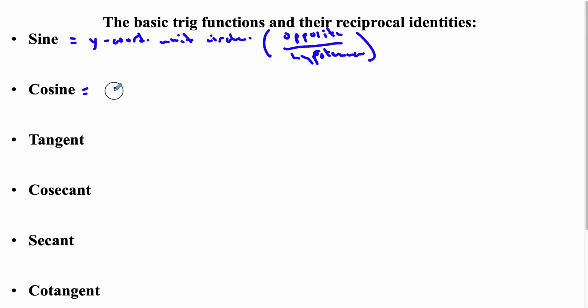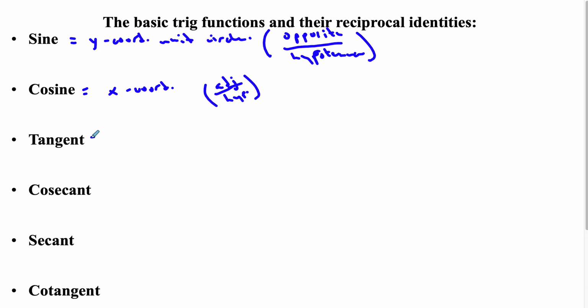Cosine is the x-coordinate, and that's also in a unit circle, and it is the adjacent side over the hypotenuse in a right triangle. Good? All these ratios only work in right triangles when you're talking about that.